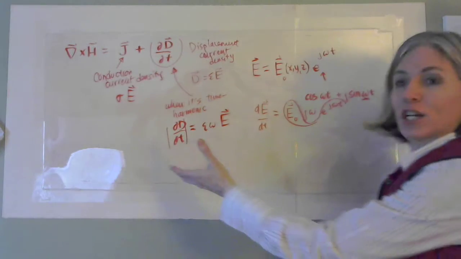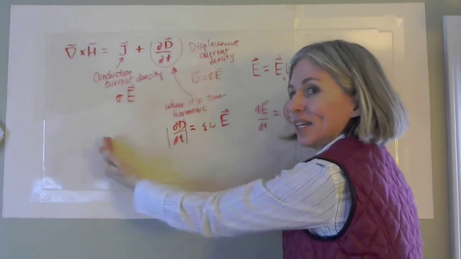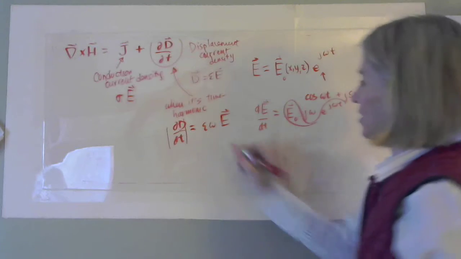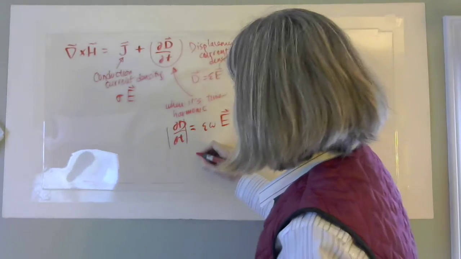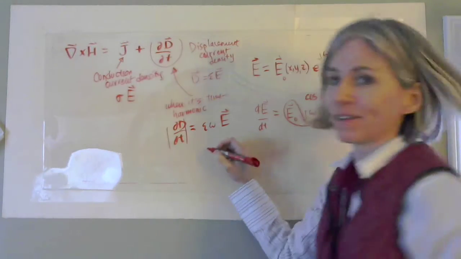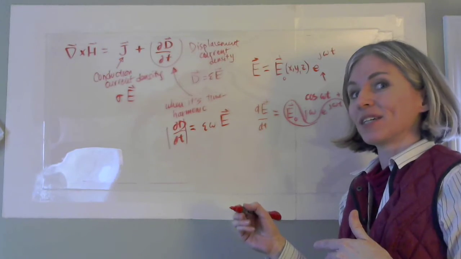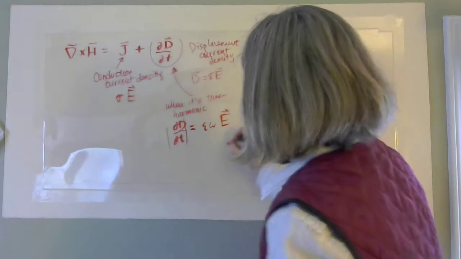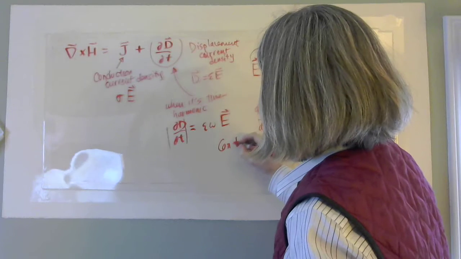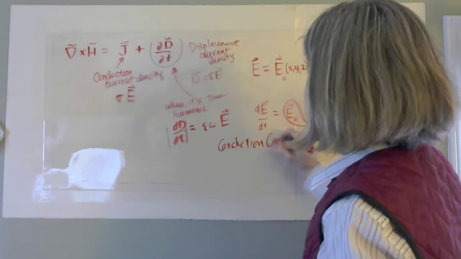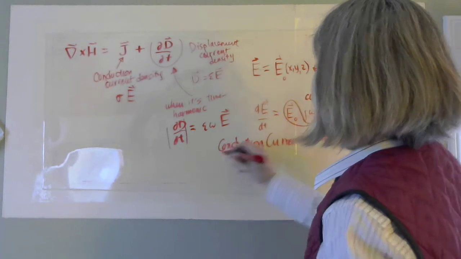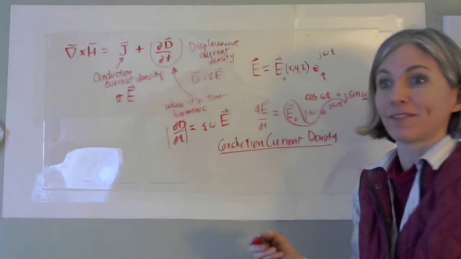Okay, so we're getting a couple things on this side of the equation, Ampere's law, that are proportional to E. Okay, magnitude of the displacement current density versus the magnitude of the conduction current density is an interesting ratio. So displacement current is the thing you have in a capacitor.